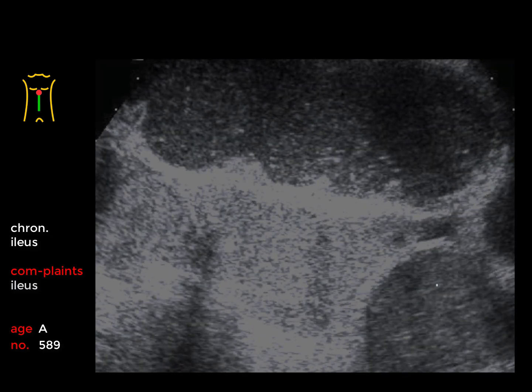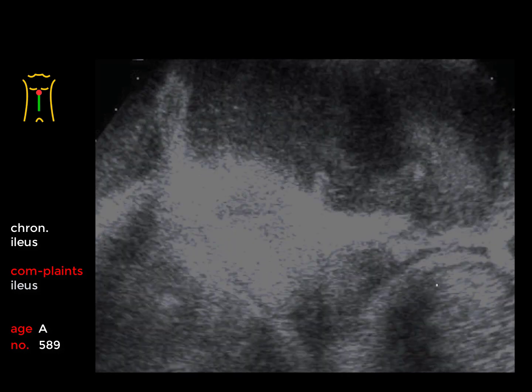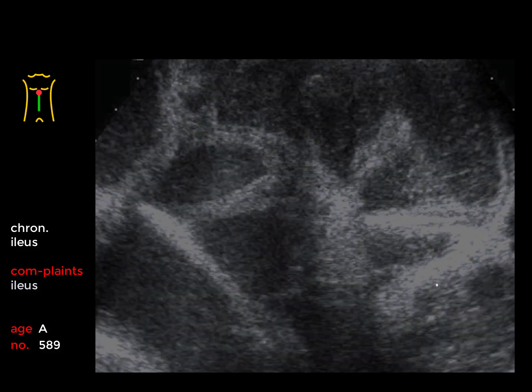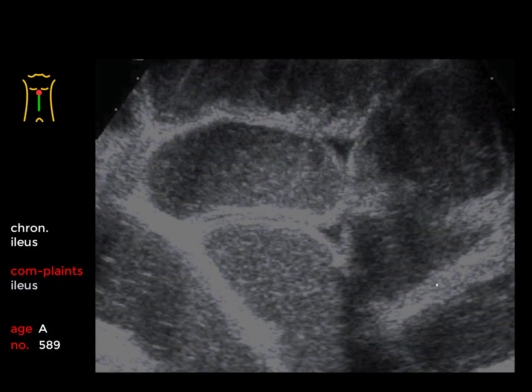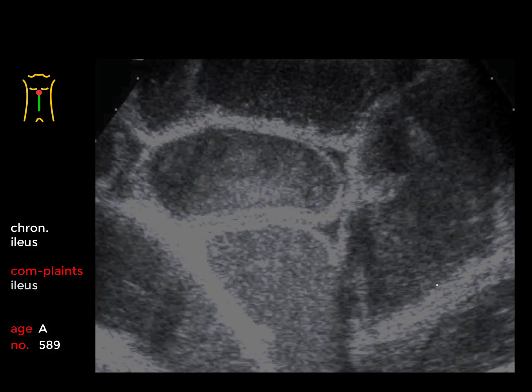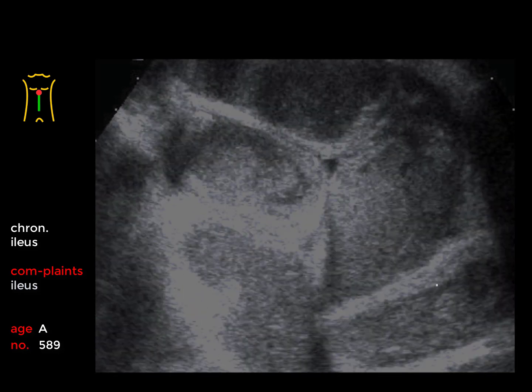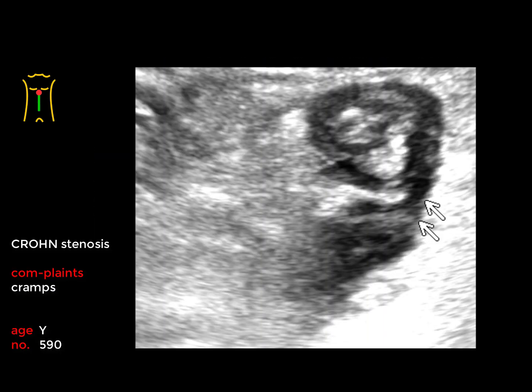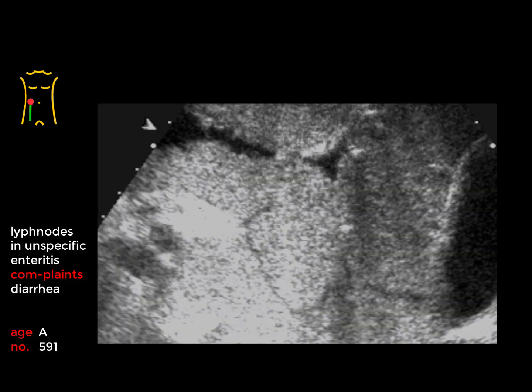In 589, the enhancement in water-filled small intestine loops leads to a technical visualization problem. And in case 590, please note the stenosis arrows and the thickening of the layers. 591 shows, like the foregoing case 589, a small intestine ileus.